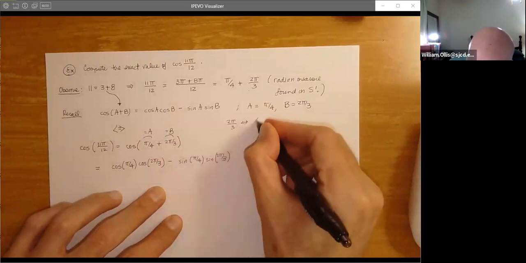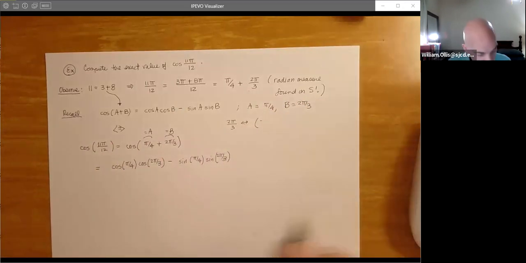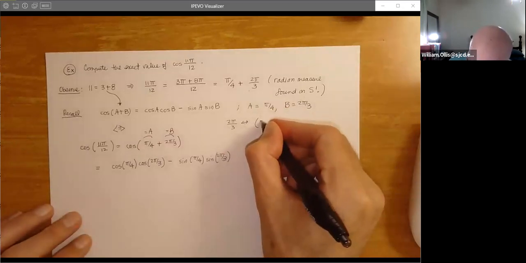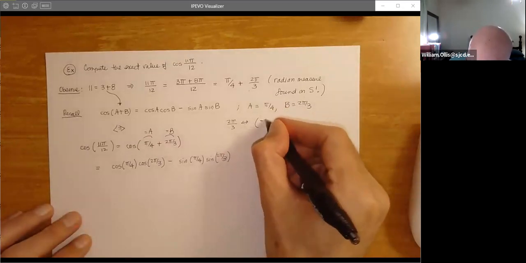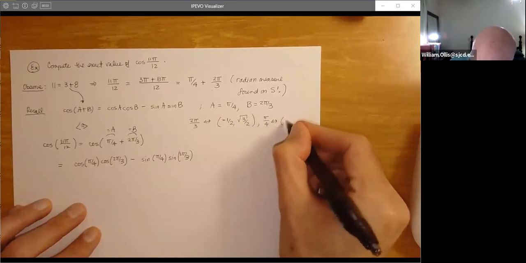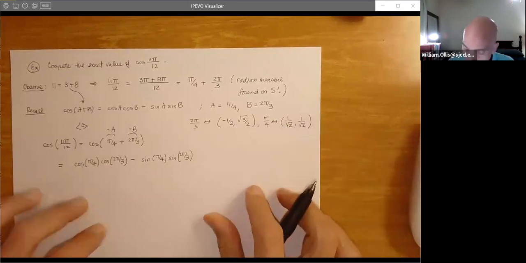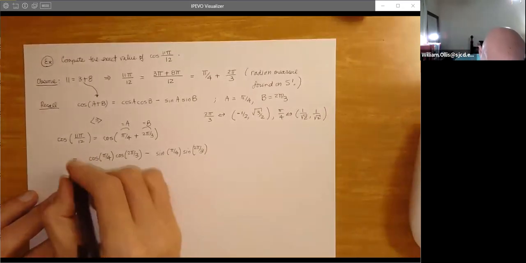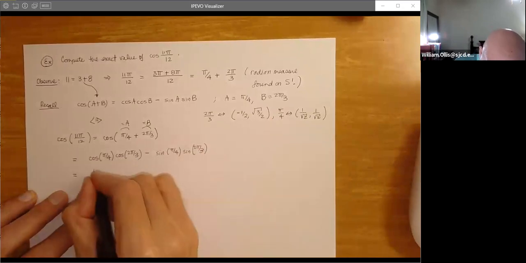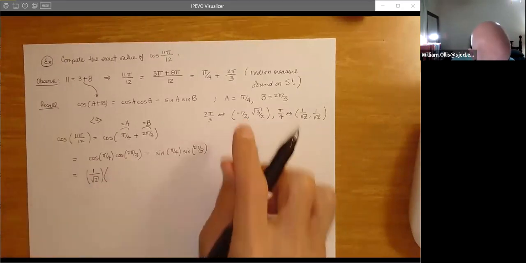Remember, at 2 pi over 3, and this is always interesting when we think about how we do these, we have the coordinate pair -1/2, root 3 over 2, the cosine and the sine. And then for pi over 4, we have 1 over root 2, 1 over root 2. Okay, so that just gives us what we have to fill in. So now cosine of pi over 4 is 1 divided by root 2. Cosine of 2 pi over 3 is -1/2.